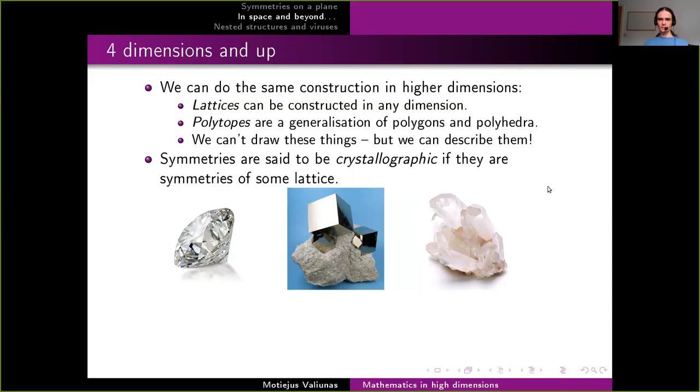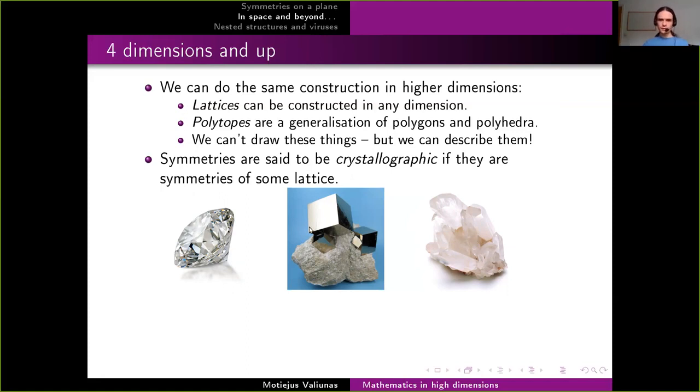So if you take something like one of these three things, here you can see a diamond, pyrite, and a quartz. When you look at these three crystals under a microscope, what you actually see is a 3-dimensional lattice like the one I described above.